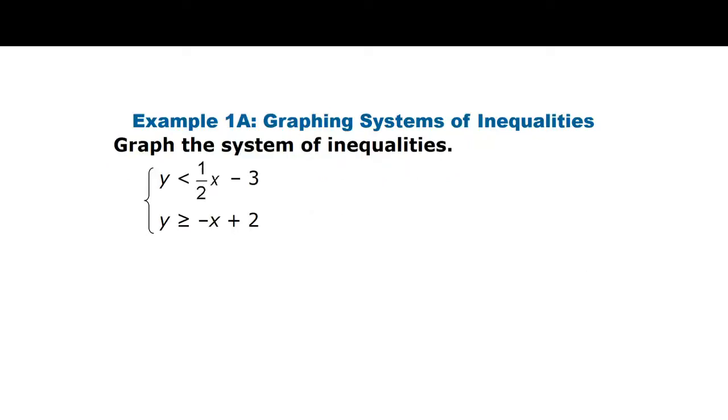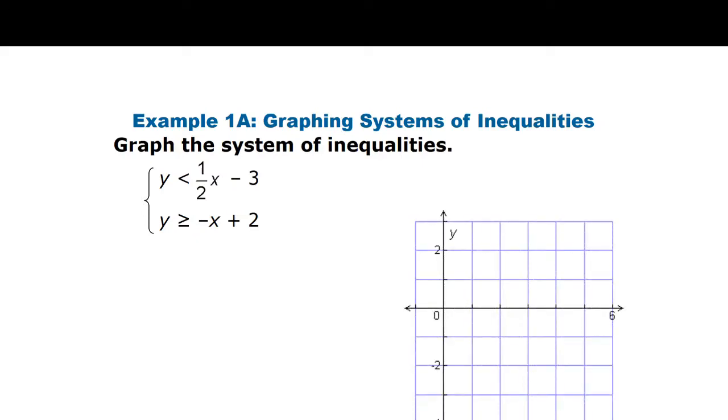So let's do a few examples. The first one just says graph the system of inequalities. And as you can see, we've already got our two equations solved for y. So these are going to be relatively easy to graph. And as you remember, the y-intercept in this case is -3. So when x is 0, the y is -3. So we'll just go 0, -3.